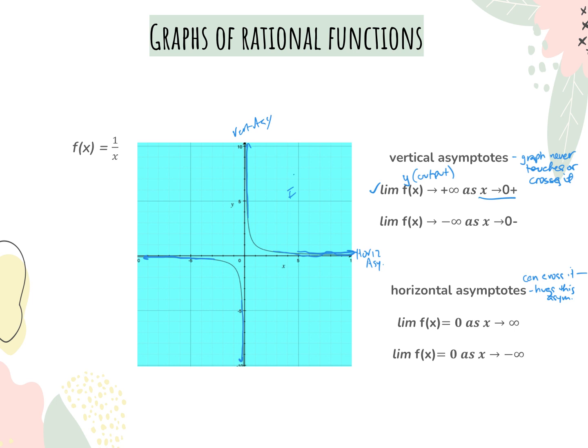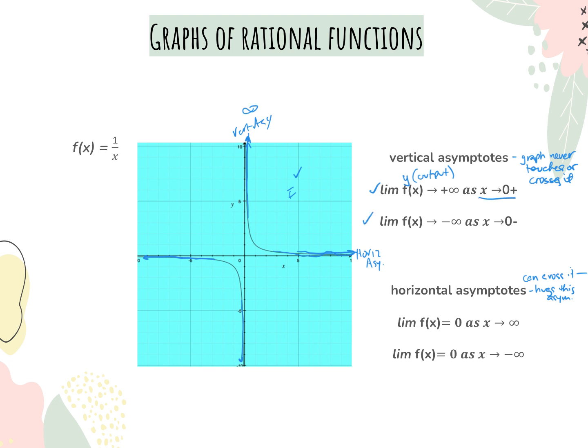So let's look at this quadrant here and identify my output. Notice my output is getting closer and closer to positive infinity because it's going up, up, up, up, up. So it's approaching infinity. And notice that as that's happening, my graph is getting closer and closer to x is 0, which is the y-axis line, where x is 0, from the positive side.